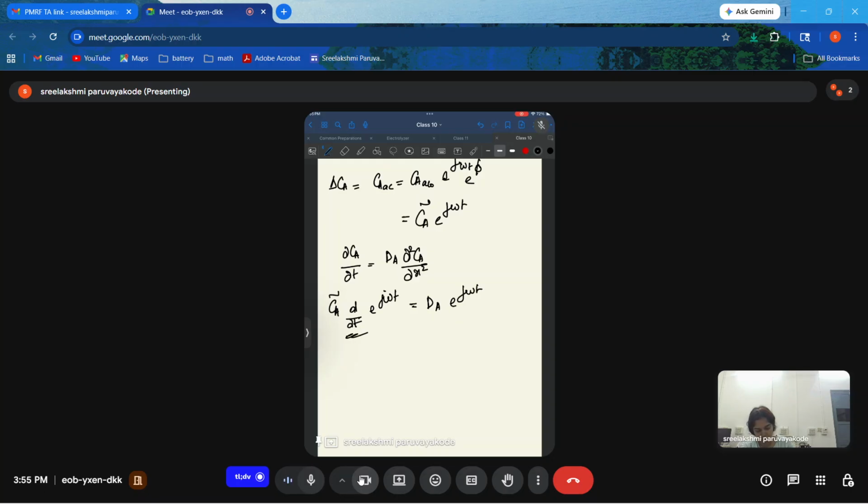So here it is a function of time, so we keep this term. Here is a function of x, so here e to the power j omega t goes out. So differentiating e raised to j omega t by time, you'll get j omega e raised to j omega t equal to dA e to the power j omega t dou square CA by dou x square.